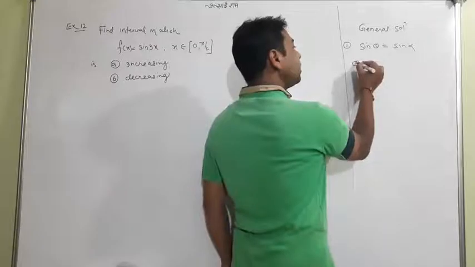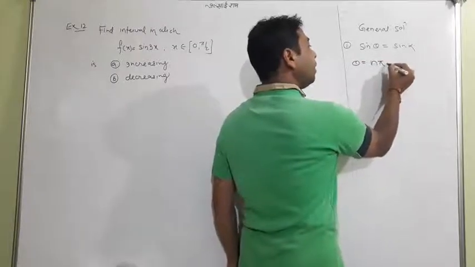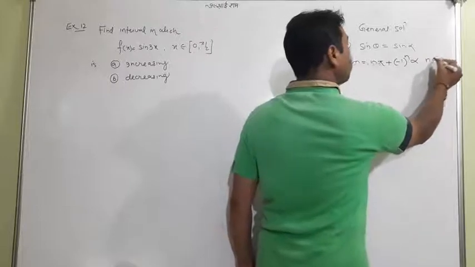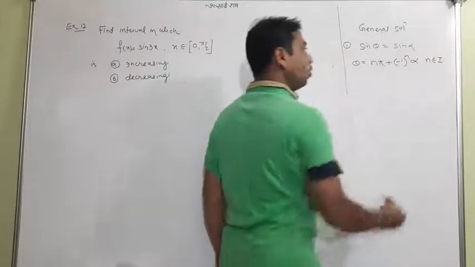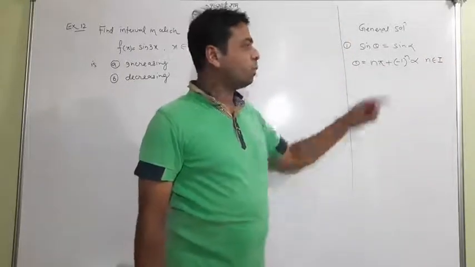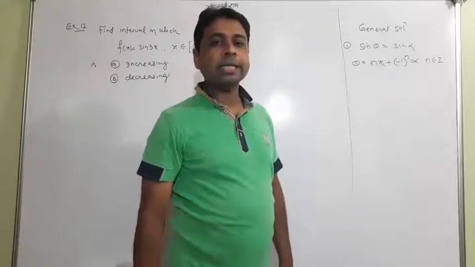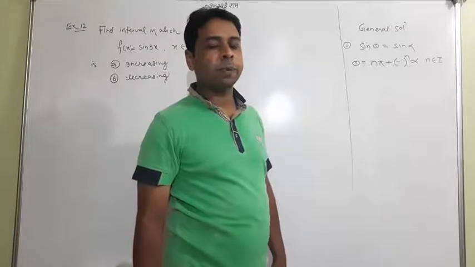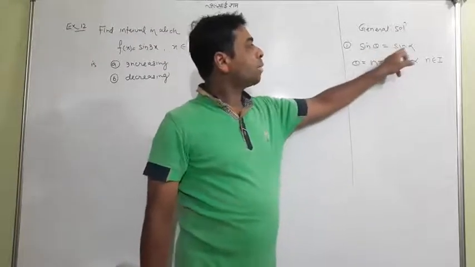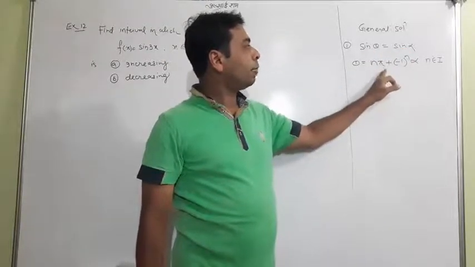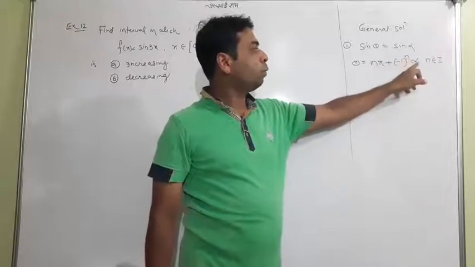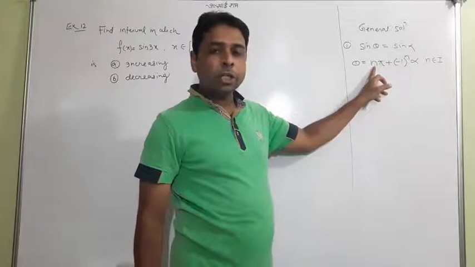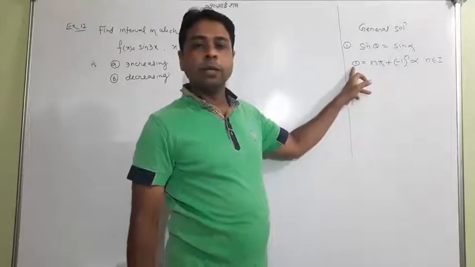Then theta is equal to n pi plus minus 1 to the power n into alpha, where n belongs to the integers I or Z. This concept was in class 11th, in trigonometry, in the last exercise 3.4 we studied that one. So sine theta is equal to sine alpha gives theta equal to n pi plus minus 1 to the power n into alpha, where one by one, when you put integers for n, you will get all the different thetas.